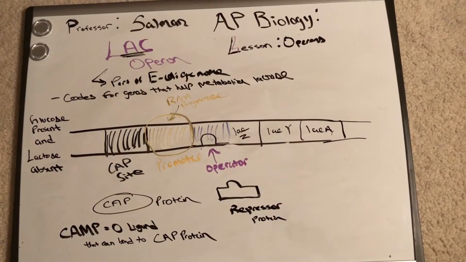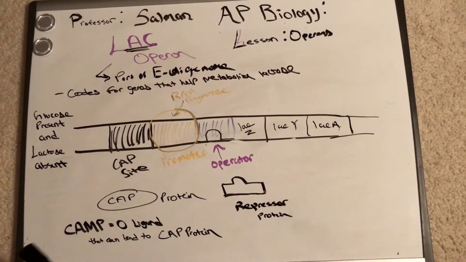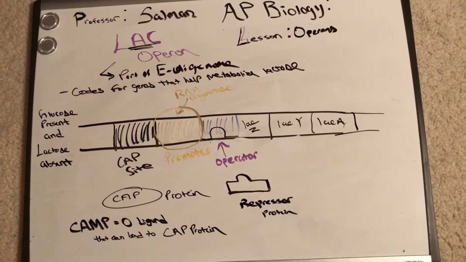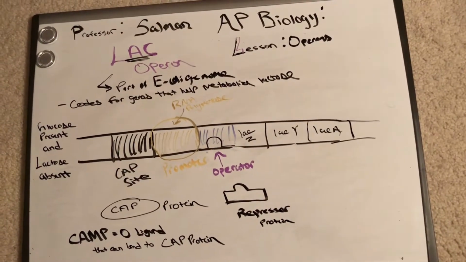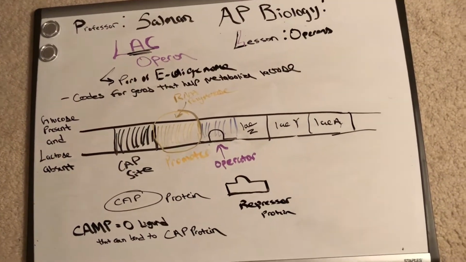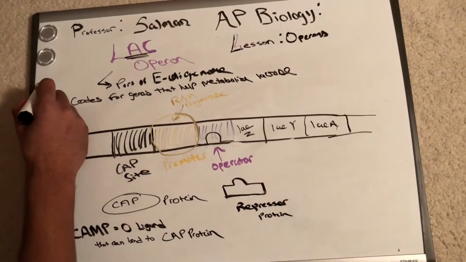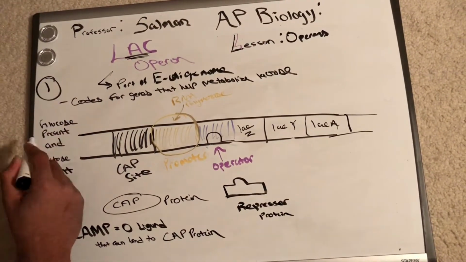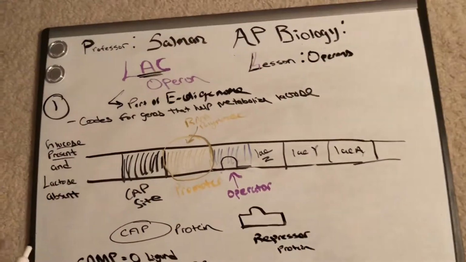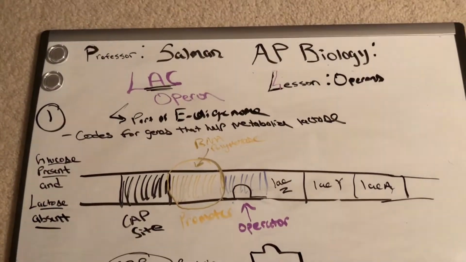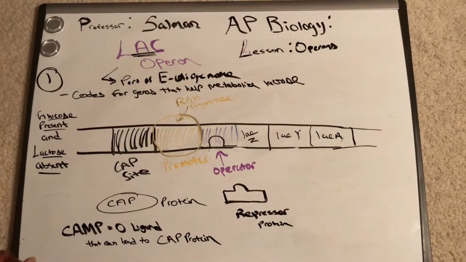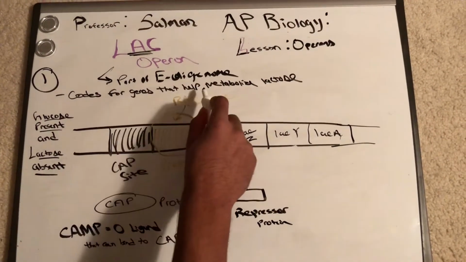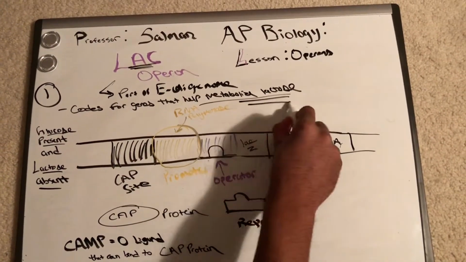inhibited. So in the previous part of this lac operon explanation, we were talking about looking at 4 scenarios which could happen specifically with the lac operon. In this specific scenario, which is the first scenario we will be looking at, glucose is present and lactose is absent. The function of the lac operon is to code for genes that help metabolize lactose.